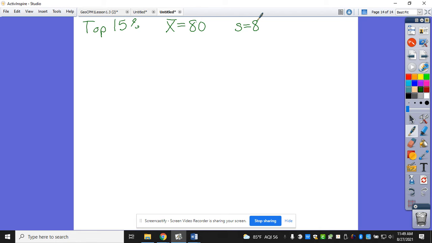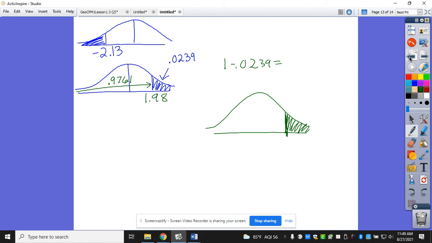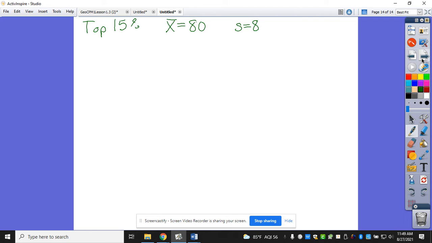Well, what can I do with this? What are you going to want to do? Can you draw me that? So I'm going to say, what does it look like? Well, this is less than half, which means my number's going to be over here. And what's shaded, is this an area or a Z? Area, just probability.